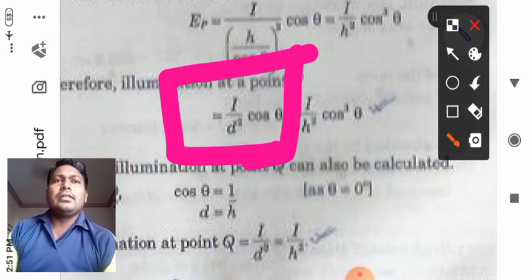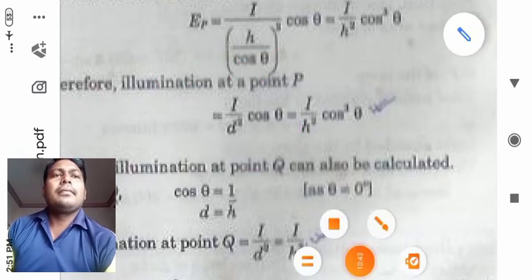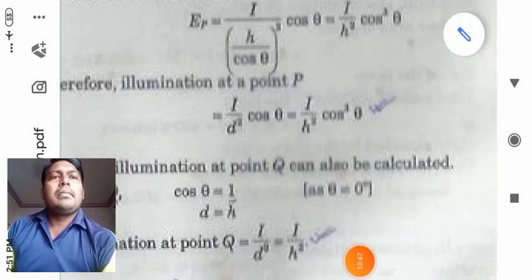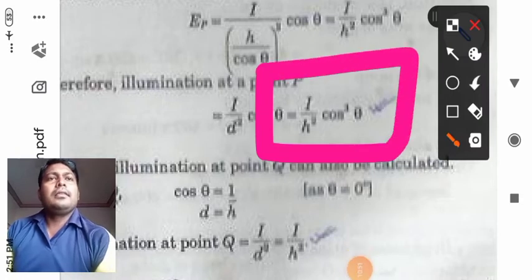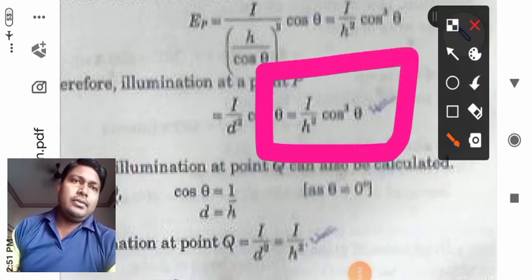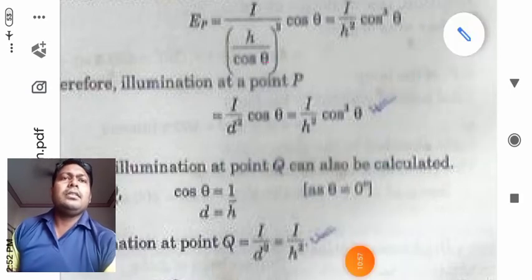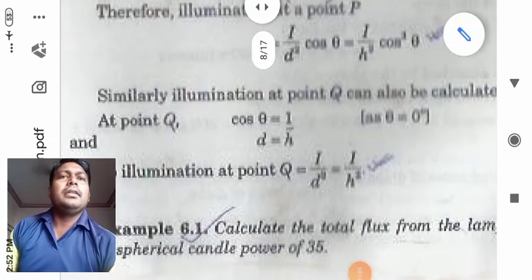It is the ground distance. And what about if the height is given? If the height of the source from the ground is given, you will use this formula: I divided by h square cos cube theta. So by using these two formulas, we can find out the illumination at a point P.